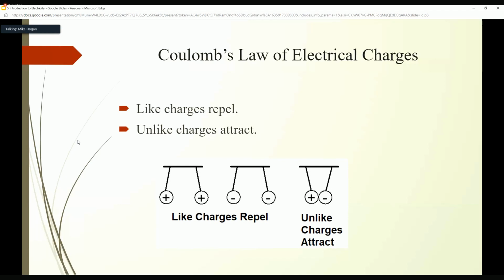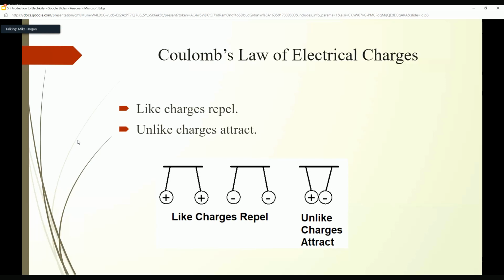Now, the reason this is going to be important for us is because we're talking about these electrons and this notion that we have atoms that have these electrons in these valence shells, and we're going to cause these electrons to move. And we know these electrons are negatively charged, right?